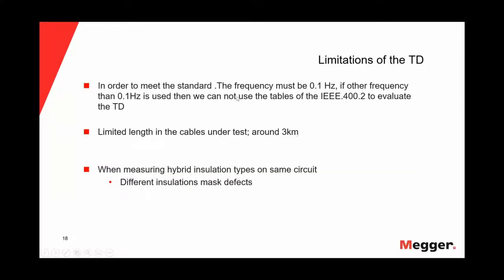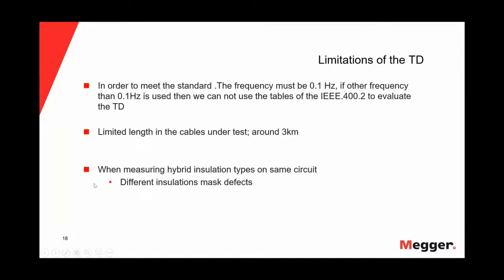Limitations of tan delta. In order to meet the standard, the frequency, as my colleague mentioned before, must be 0.1 hertz for tan delta. If other frequencies are used, we cannot use the tables of the IEEE 400.2 to evaluate the tan delta. Another limitation is the limited length of the cables under test, around 3 kilometers.